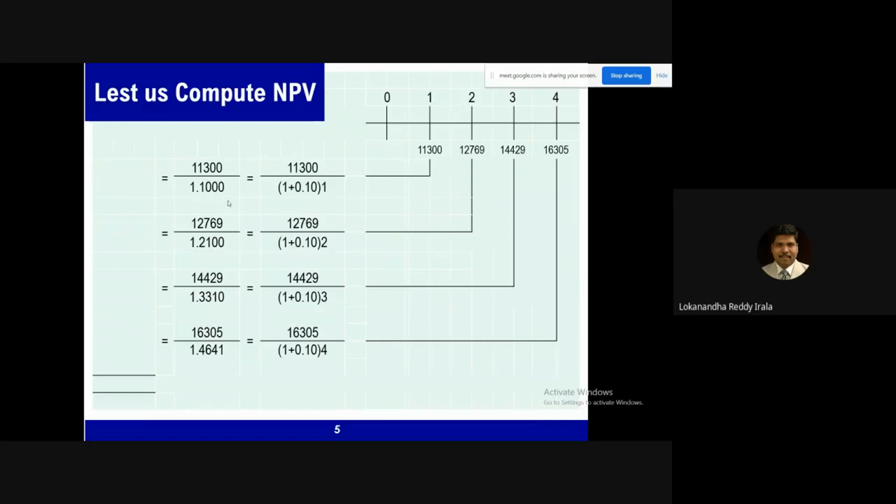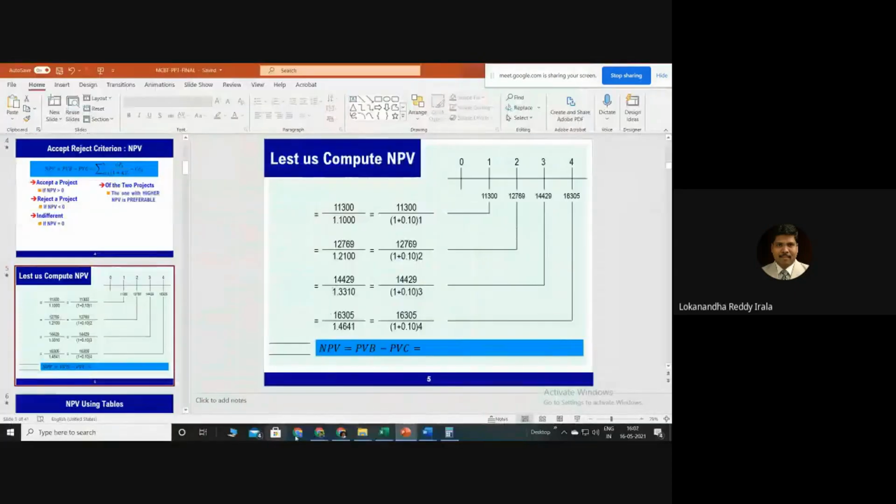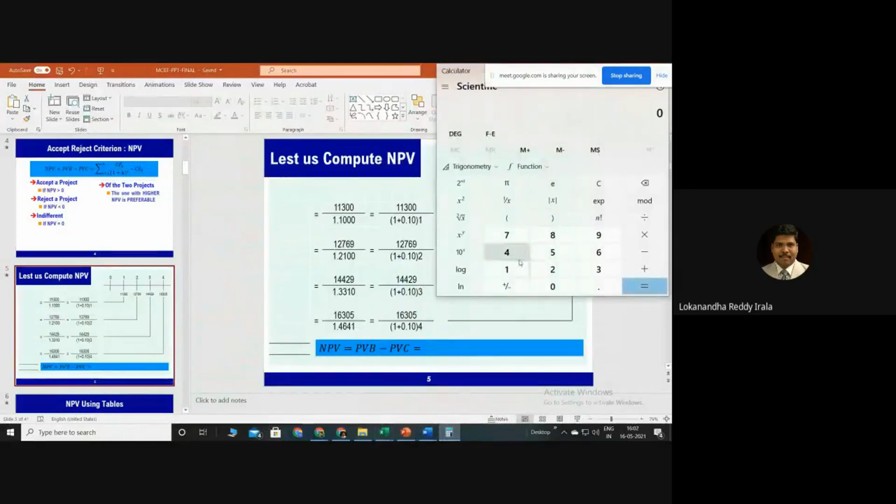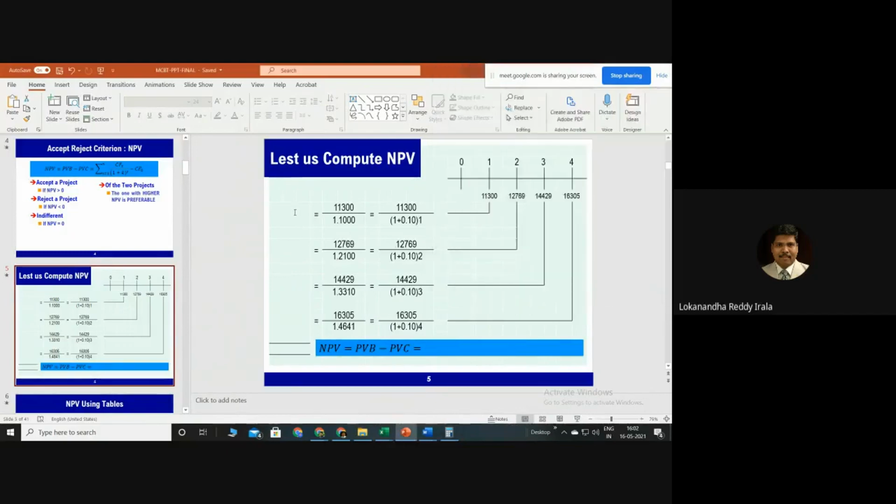Now what will be the value of this? I'll just use a calculator. 11,300 divided by 1.1 is 10,272. I'll take it as 10,273.